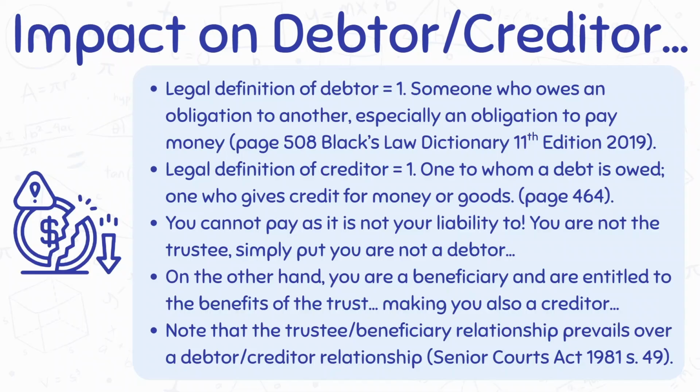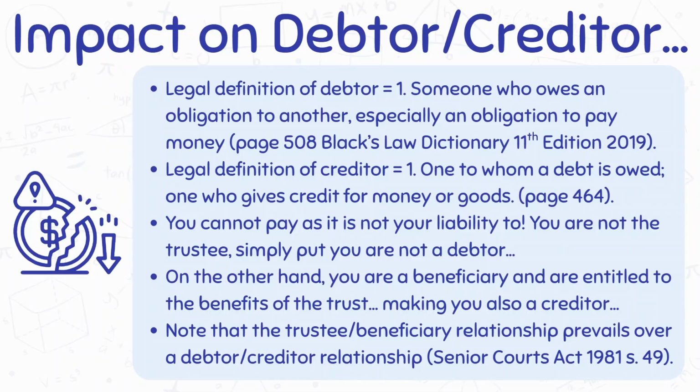You are not the trustee in the monetary system trust that the government created by operation of law the moment they signed off on the abandonment of the gold standard. If you do not have the liability and therefore you do not have an obligation to pay, then simply put, you cannot be a debtor because you do not fit the definition of one.